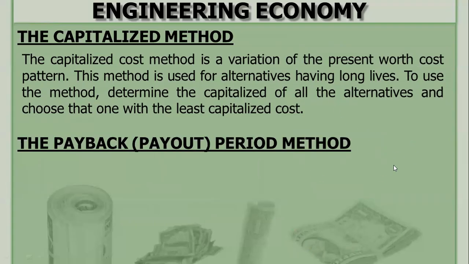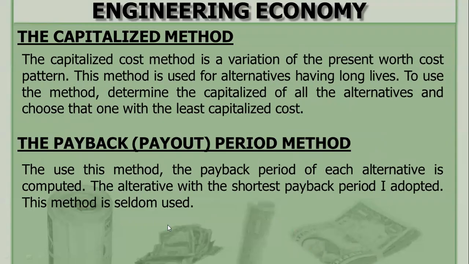And the last method or pattern is the payback or payout period. To use this method, the payback period of each alternative is computed. The alternative with the shortest payback period is adopted. Again, the alternative with the shortest payback period is adopted.